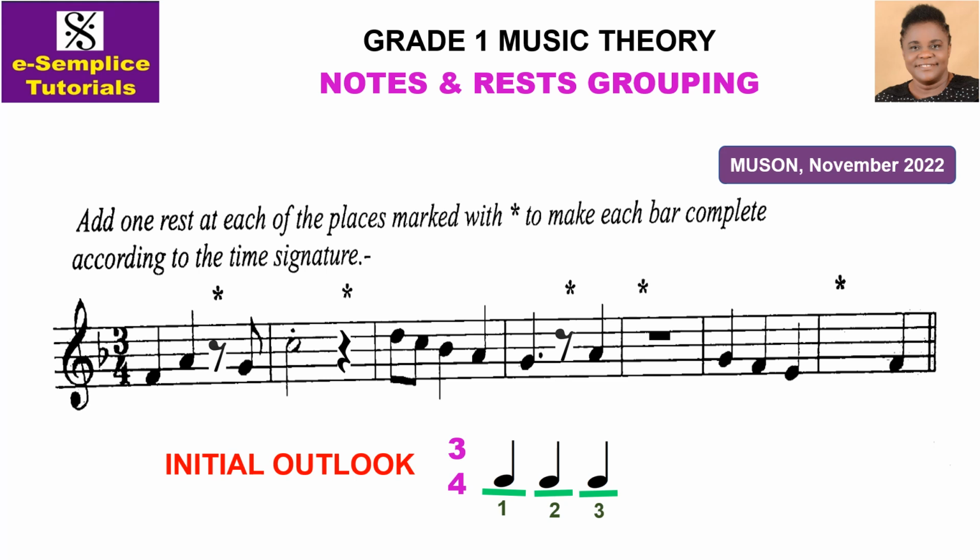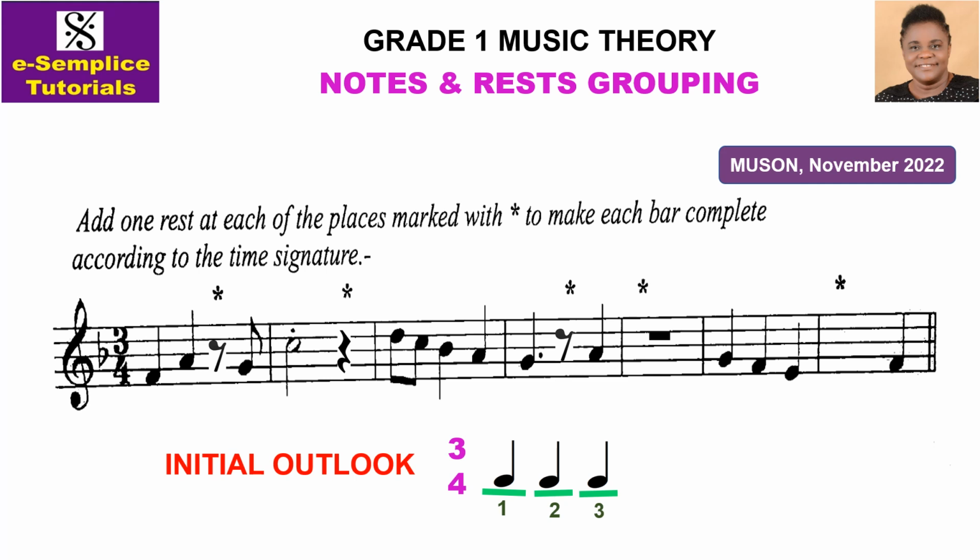Now that rest completely balances that bar, because it means 3 crotchet beats per bar, that is in this time signature. Please do well to see our video on full bars rest for more explanation.